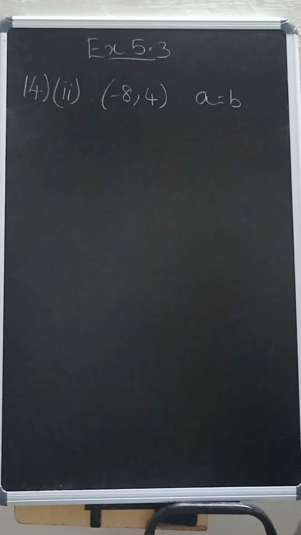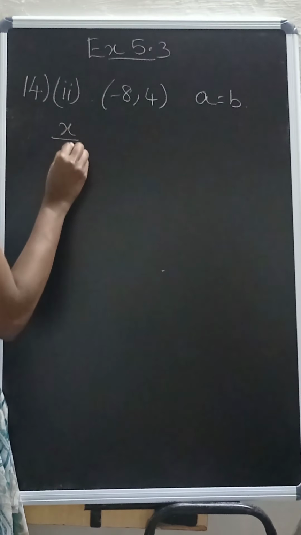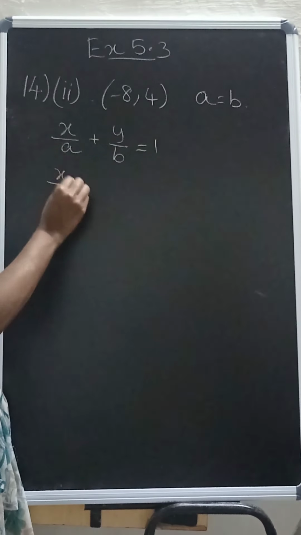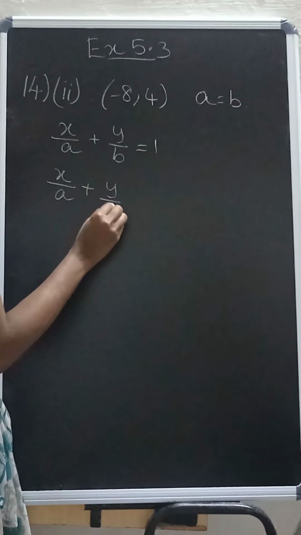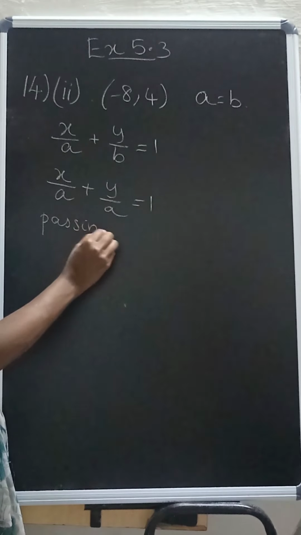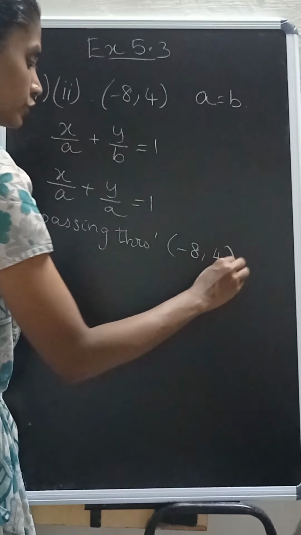Second subdivision, find the equation of a straight line passing through minus 8, 4 and making equal intercepts on the coordinate axis. So now they have given equal intercepts. Now what is the equation? x by a plus y by b is equal to 1. So either put here b or here a, is equal to 1. Now passing through minus 8, 4.